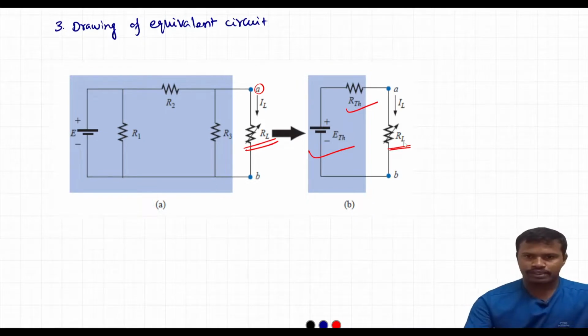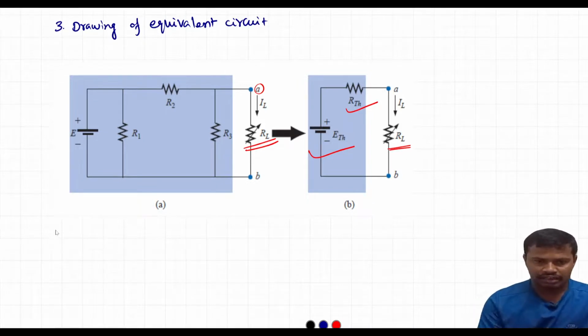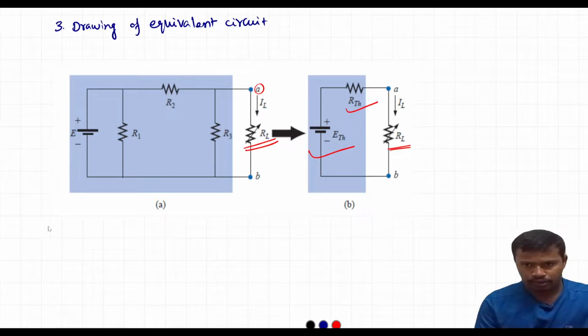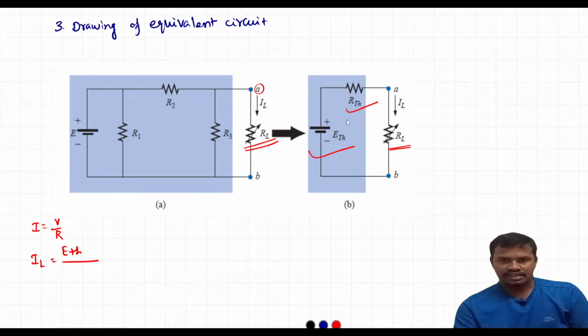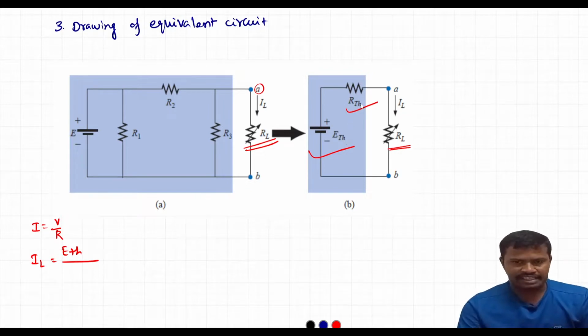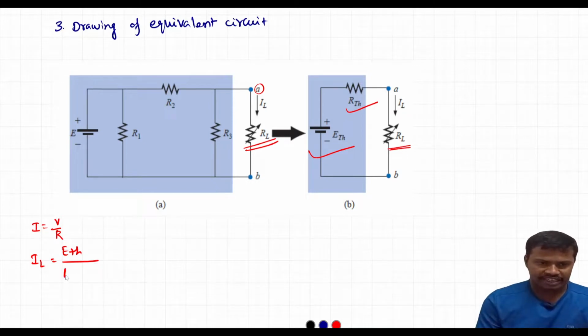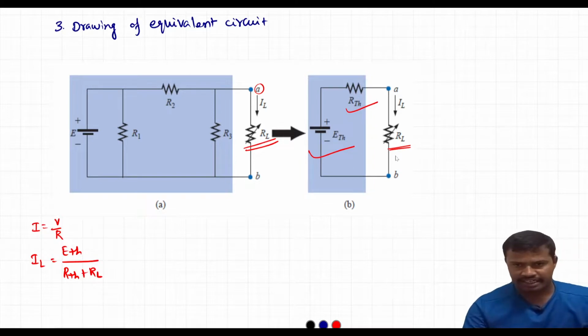The general formula for current is I equals V by R. Now V in this circuit is ETH, so IL is equal to ETH divided by RTH plus RL, because both are connected in series.